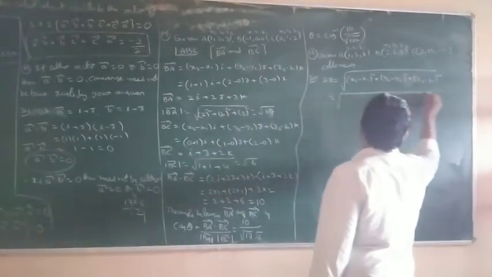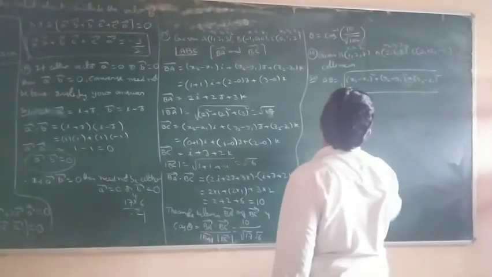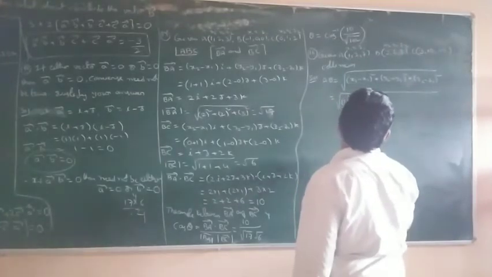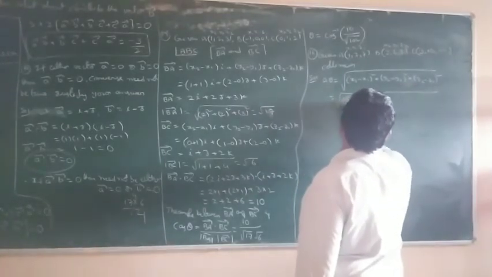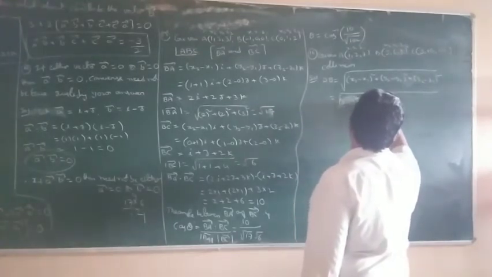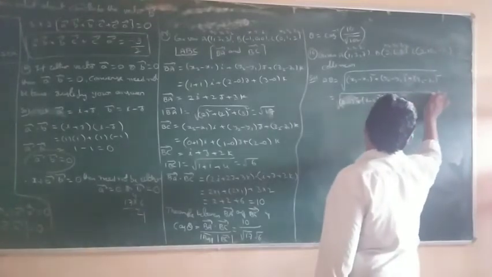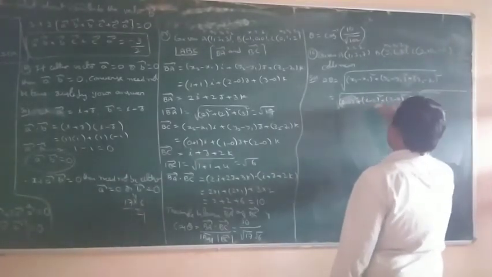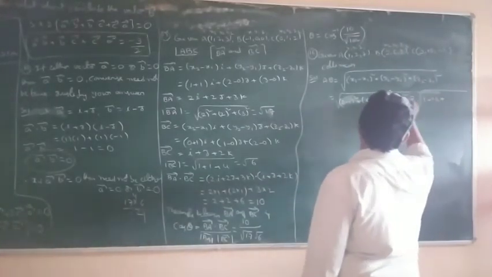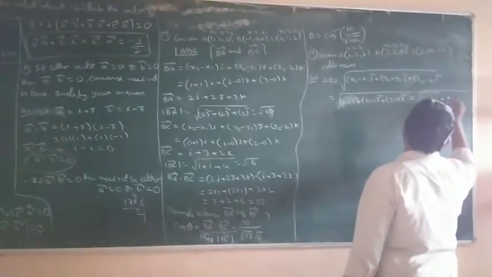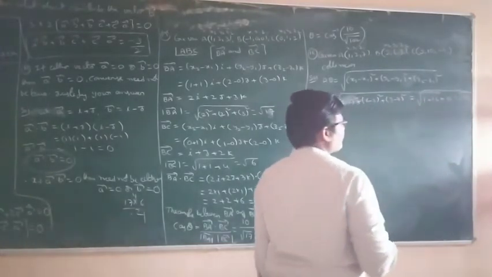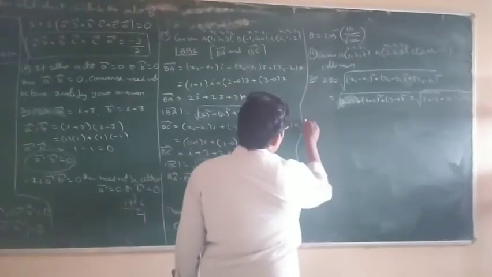So that is root of 2 minus 1 whole square plus 6 minus 2 whole square plus 3 minus 7 whole square. 2 minus 1 squared is 1, 6 minus 2 squared is 16, 3 minus 7 is minus 4, squared 16. 16 plus 16 is 32, plus 1 is 33. So AB is root 33.